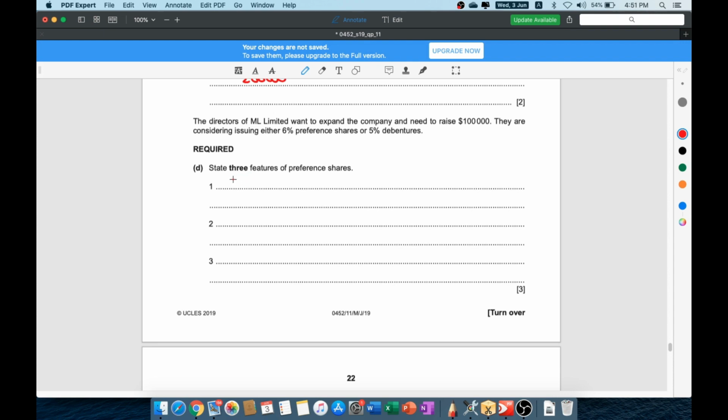All right, so obviously we talked about that in, I think, part A. Preference shares always have a fixed dividend amount or rate in this case. Second, we can write that preference shareholders don't really have any voting rights.